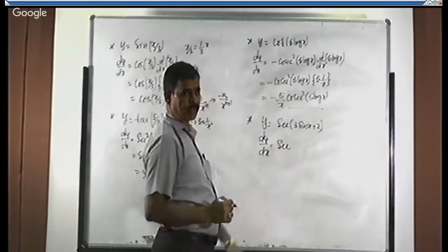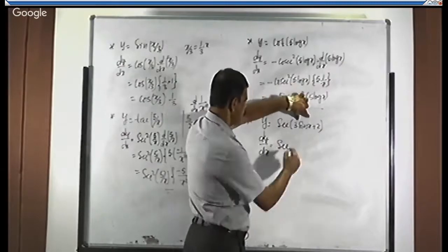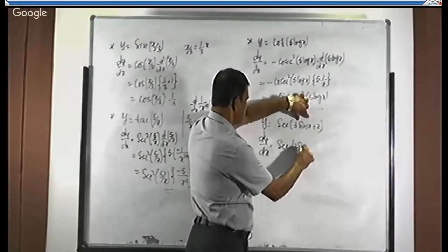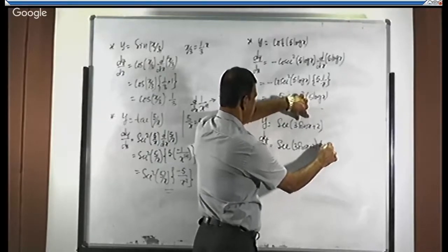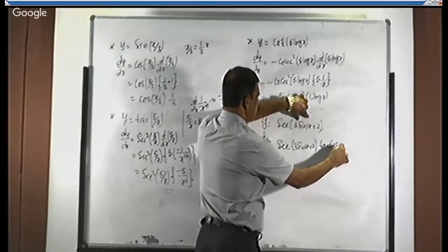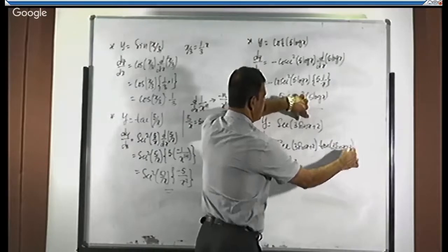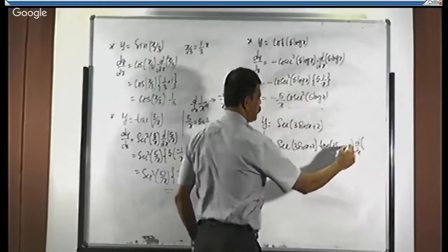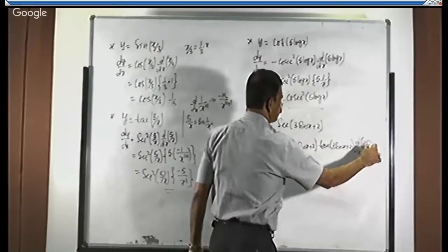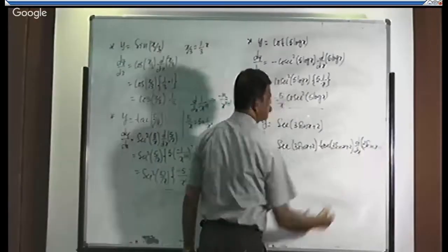But in place of x, whatever the function is there, that has to be written: secant of 3 sin x plus 2 into tan of 3 sin x plus 2 into d by dx of function. Which is function? It is 3 sin x plus 2.